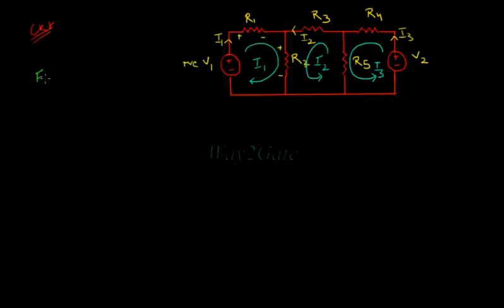And similarly for mesh 3, where current in R4 is I3.